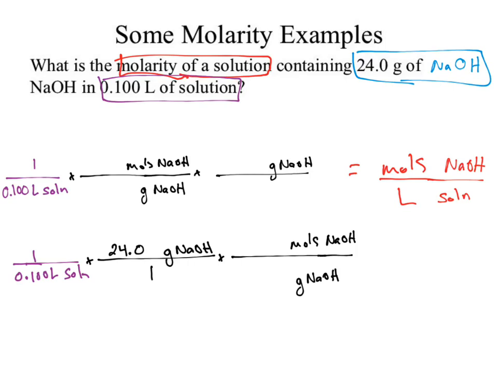Was that given information? Yes. Can you come up with a conversion between grams and moles? Where's the conversion between grams and moles found? The periodic table. So we go to the periodic table and we do, because I don't feel like doing harder math, 23 plus 17, 40.